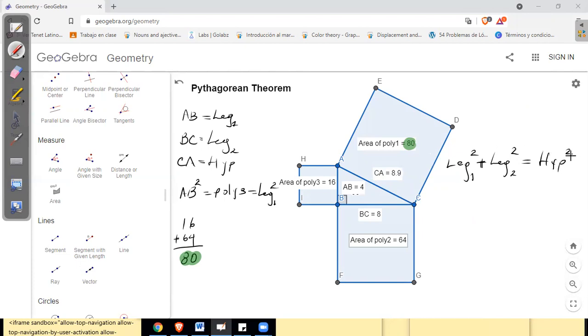And we have already proved that this is true for other triangles with an angle of exactly 90 degrees. You can do it with other measures, and you're always going to have this equality.